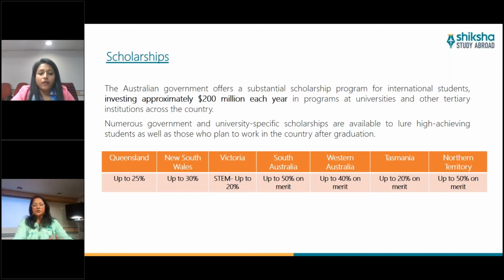Akansha, would you like to say something? Yes, these scholarships, be it university specific or state specific, are all on the merit basis of the students. Some universities are specific in terms of giving scholarships, but there is always a criterion. You have to be meritoriously very strong.